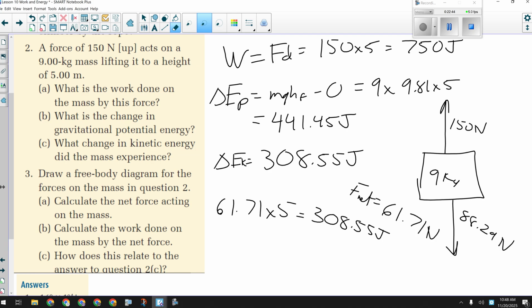It was more than enough. I only needed 88.29 newtons to lift the object. That would have lifted it at a constant speed and changed only its potential energy. It still would have been work, but there'd have been no net force, and thus no change in kinetic energy. So net forces cause accelerations, which cause changes in kinetic energy. In other words, they do work. Everybody all right with that connection?